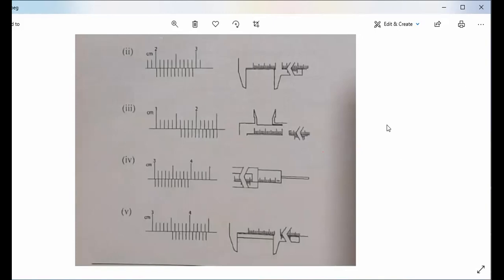Continue. According to the given figure of the cylinder, comma, its height is larger than its external diameter.